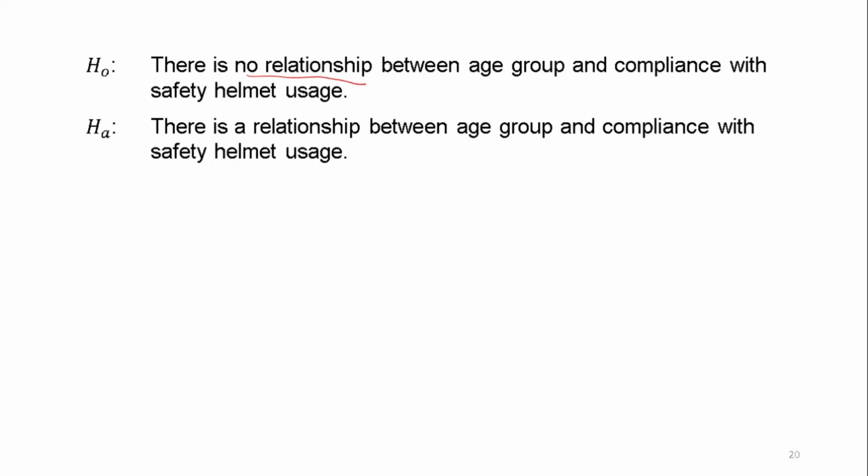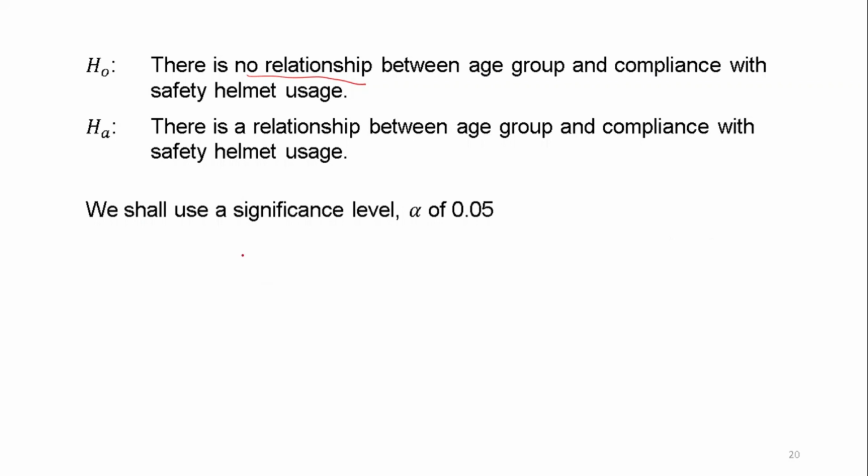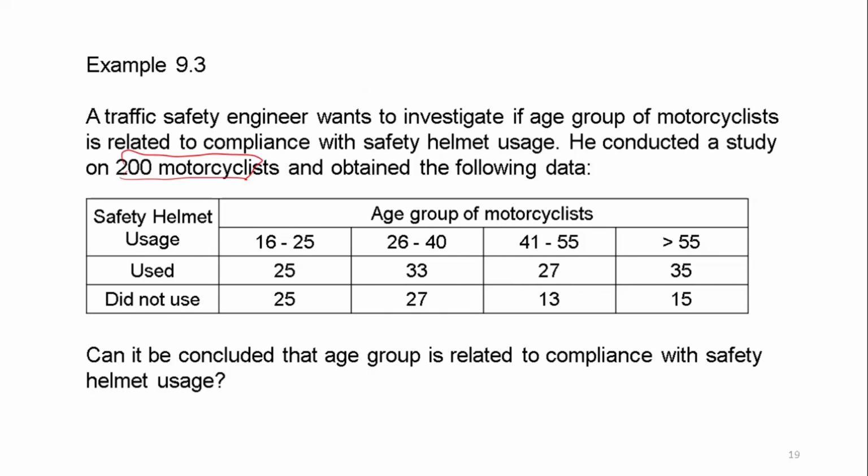Okay, so we shall use the significance level which is 0.05. Okay, and then find the critical value. So for degree of freedom, R minus 1, which is row minus 1, times column minus 1. If you see this table, this one is row.